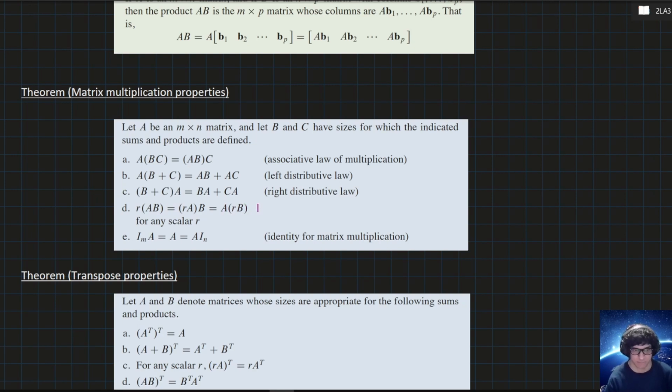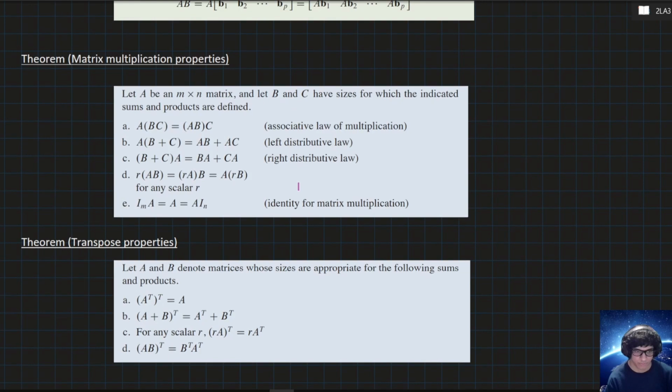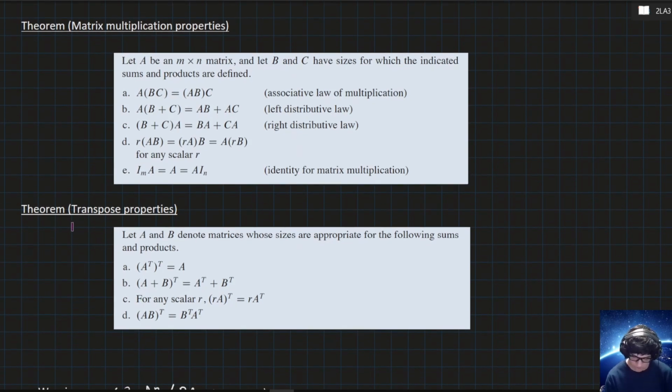if it's a factor in a multiplication like this. Let's talk about some properties of the transpose operation. Remember, the transpose flips the columns and the rows.